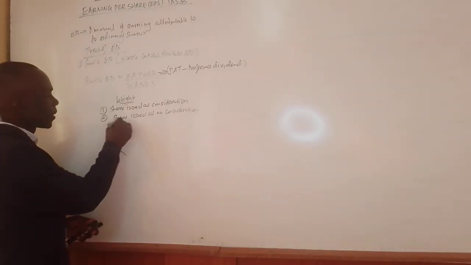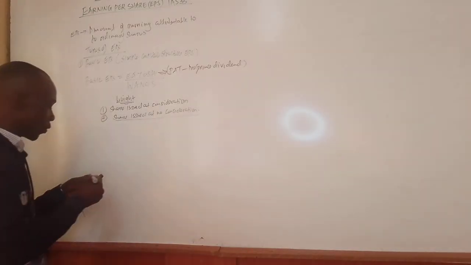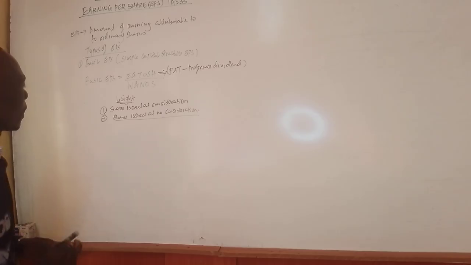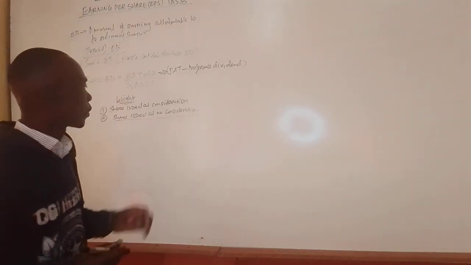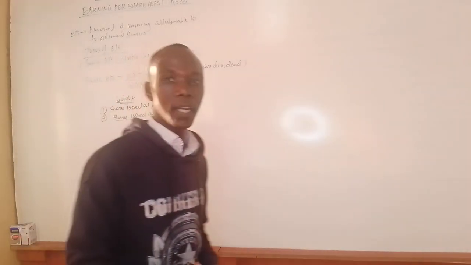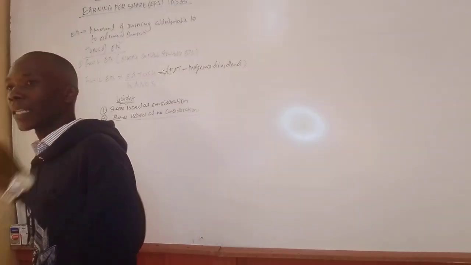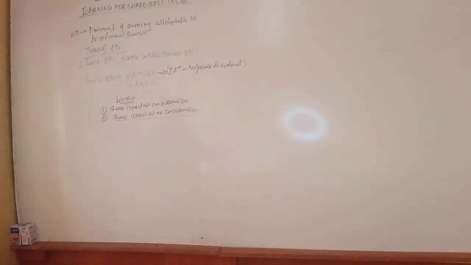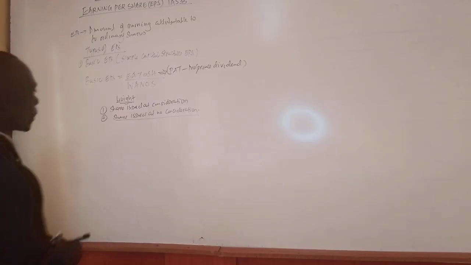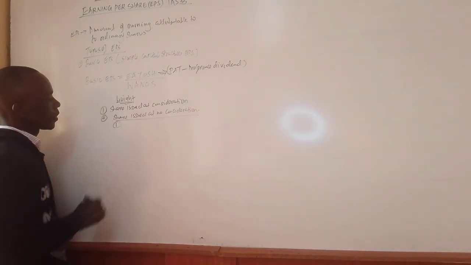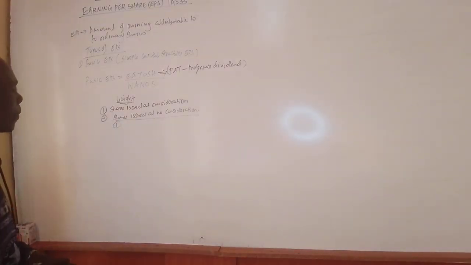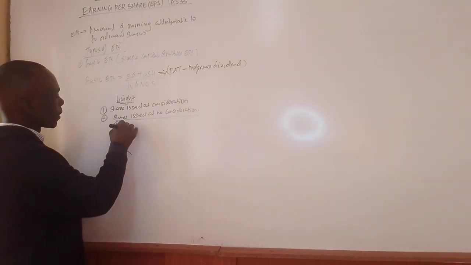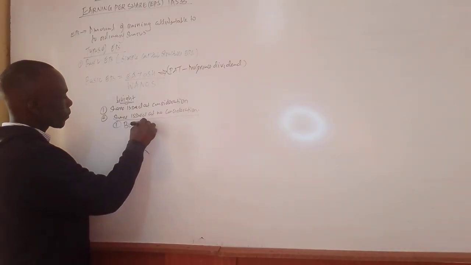And these shares issued at no consideration are not weighted. We are not going to look at the weighting factor, or we will not be much concerned about when these shares were issued.